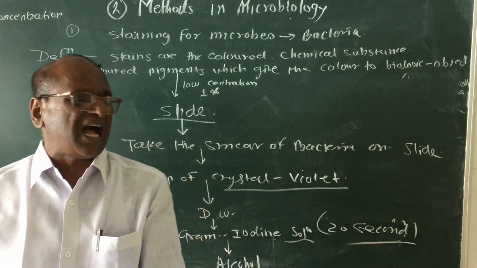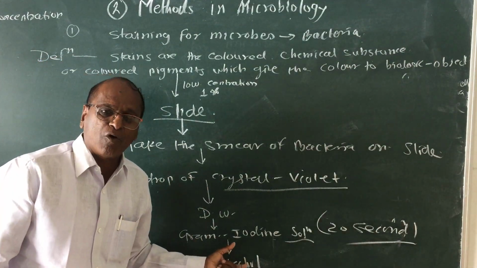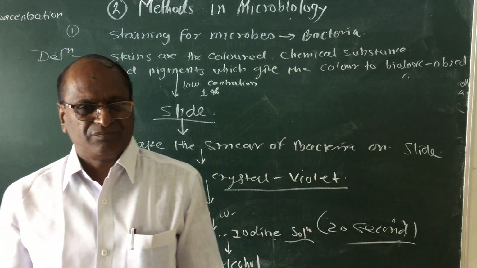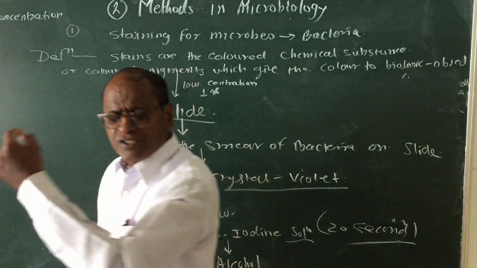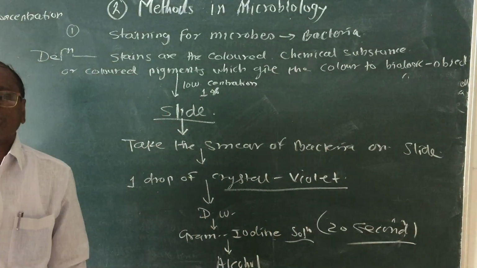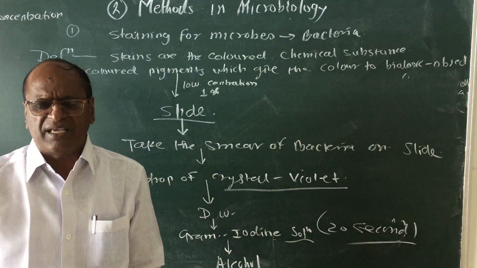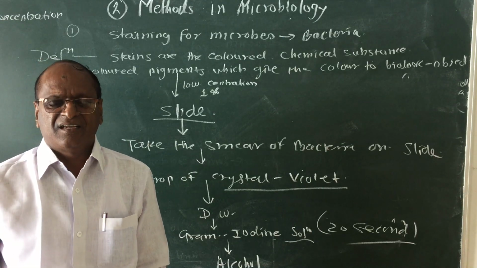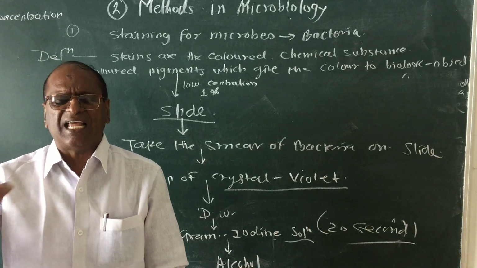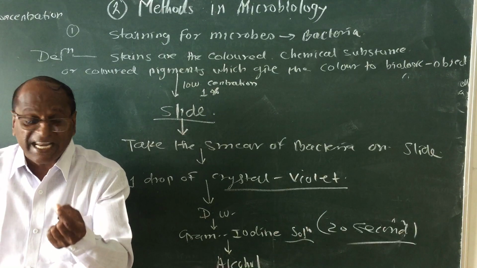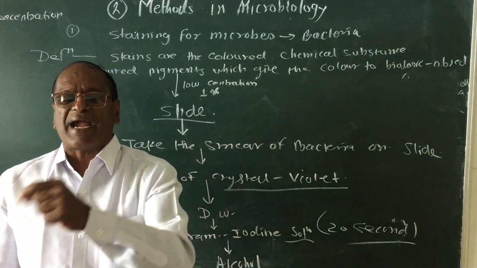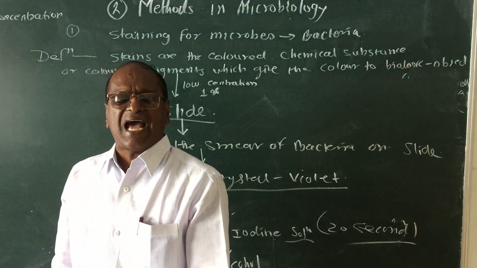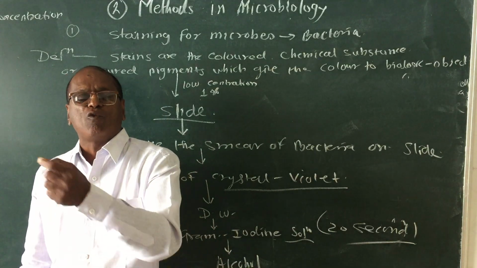These bacteria are called Gram-positive bacteria. And those bacteria that lose their stain, that can't take the stain, only colorless bacteria may be observed. Such bacteria are called Gram-negative bacteria.